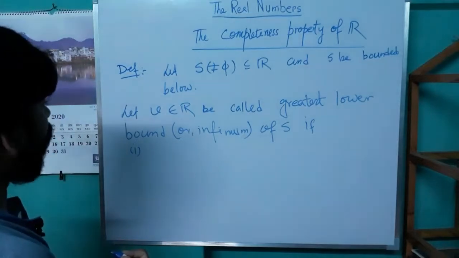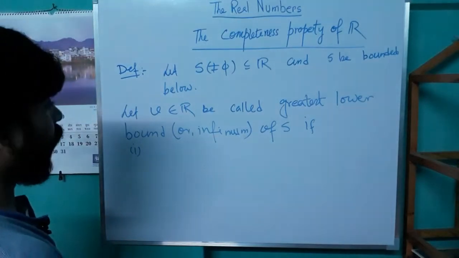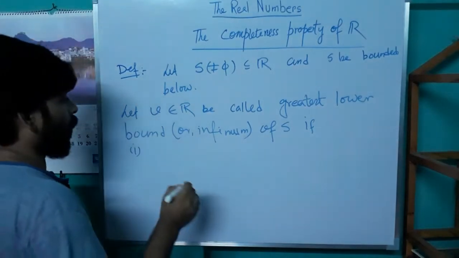an element is called greatest lower bound if, first of all, it is a lower bound.